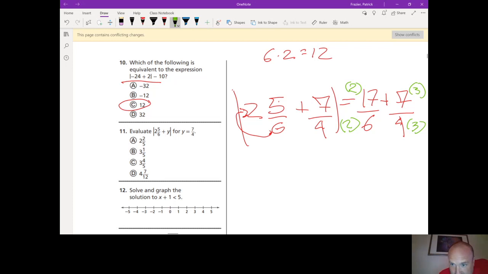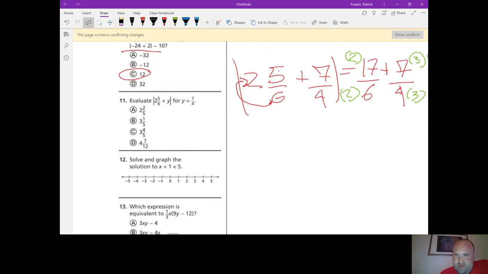So 6 times 2 is 12, and 12 here plus 12 here.